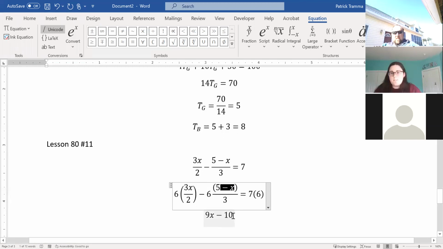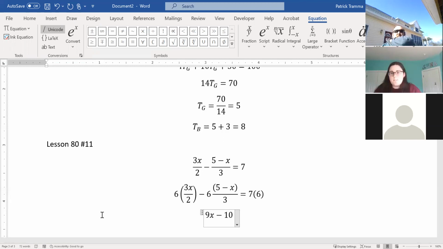So negative 30 divided by 3, which is negative 10. And negative 6 times negative x is positive 6x divided by 3, which is 2x.